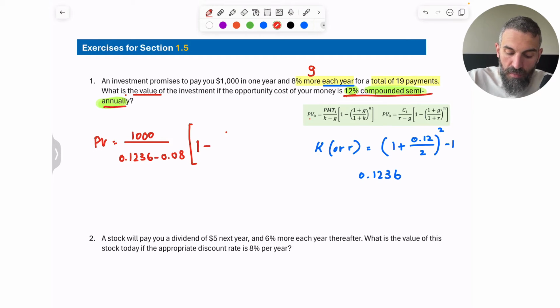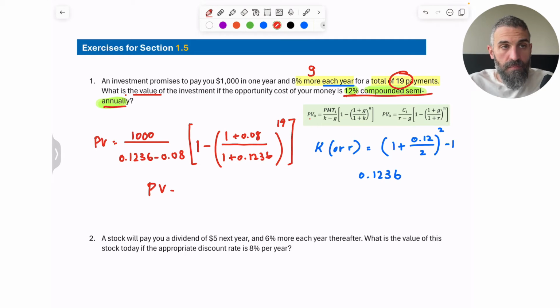And then 1 minus 1 plus G, so 1 plus the growth rate, 0.08, over 1 plus the discount rate, 0.1236, and all that to the power n being the total number of payments, which is 19. $12,122.88. That is the present value of this annuity.